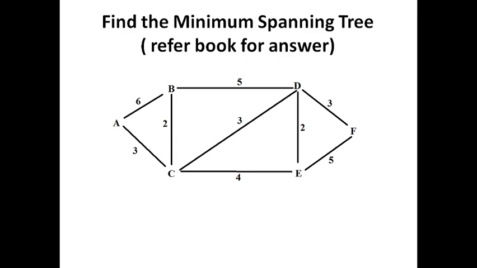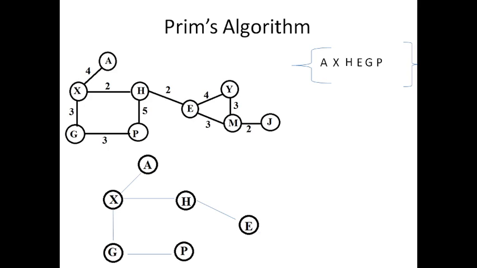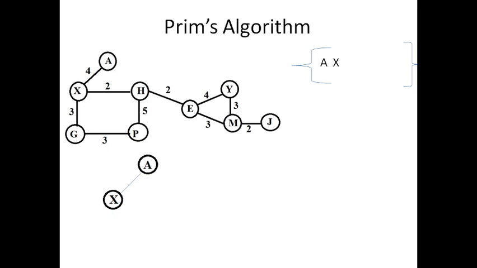You must also provide the step by step procedure, just like I showed you in the demo, that in the first step I added A, next step I added X, next I added H. These steps have to be clearly listed out. Only then it will be considered a correct result. If you go to the Kruskal algorithm, the final result will be equivalent to this one, but the steps will be different. So you must show that difference clearly when you answer this question.